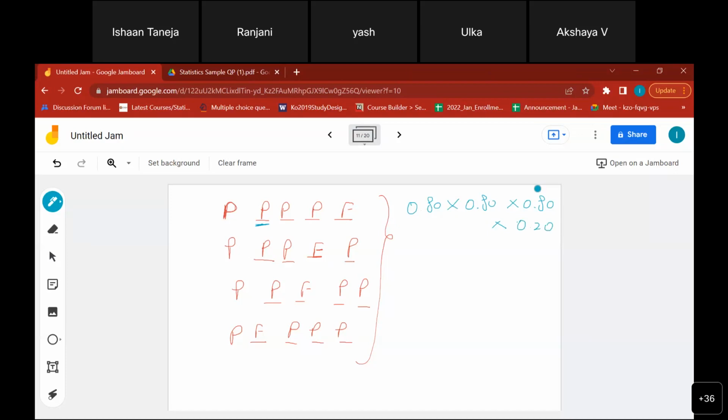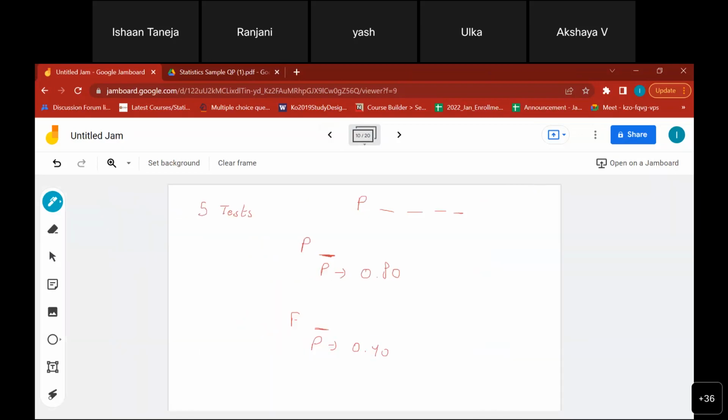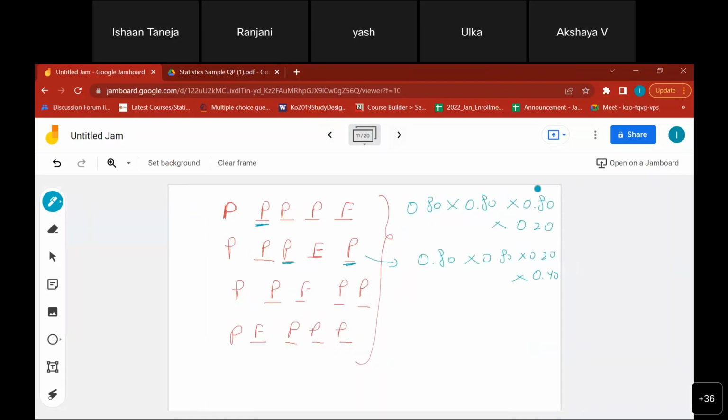Similarly, for this one, passing the second test would be 0.8 into 0.8 into 0.2 into 0.4, because if I fail, then the probability of passing is 0.40, right?